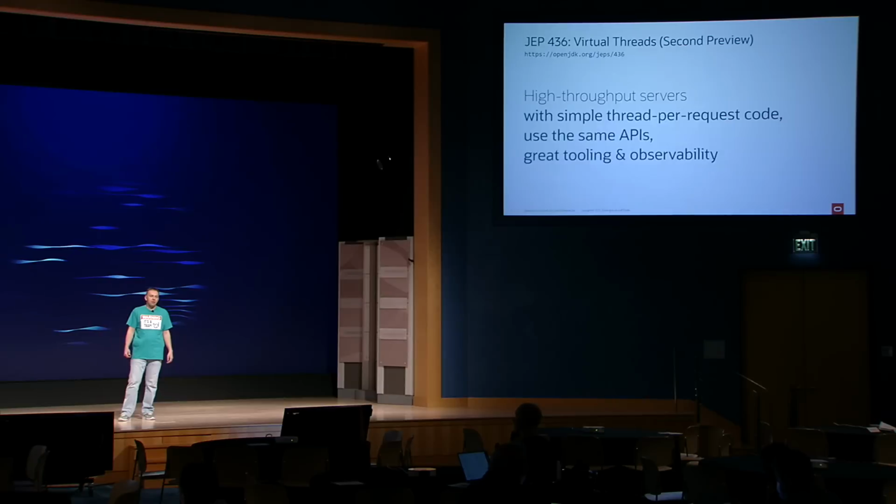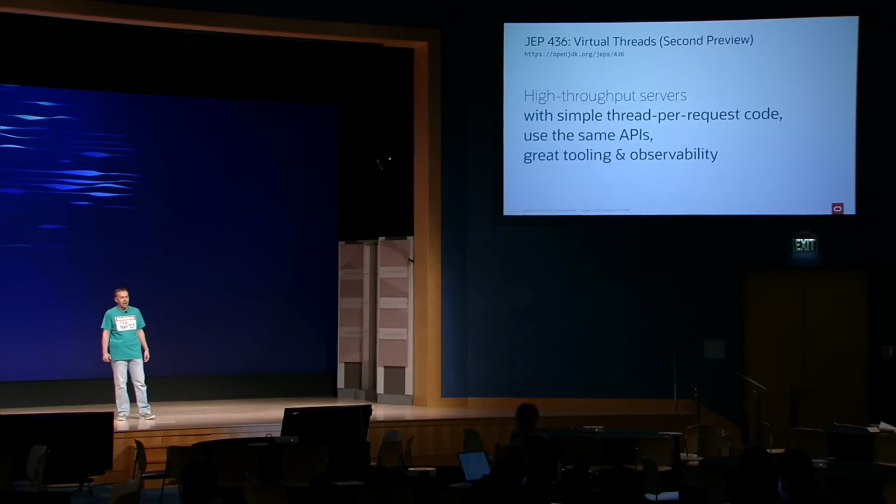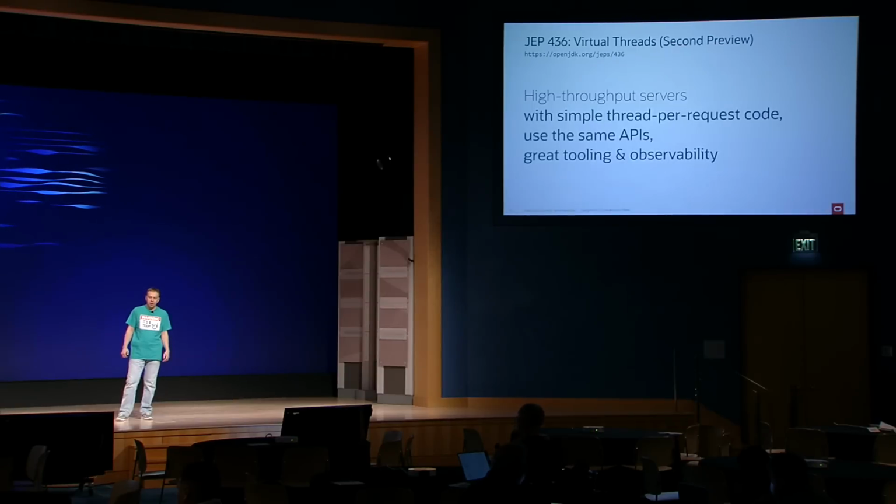Okay, let's talk about virtual threads. It's the key goal, the key feature of Project Loom. Virtual threads are user mode threads that are lightweight enough so a single Java process could have hundreds, thousands, and millions of them running concurrently.